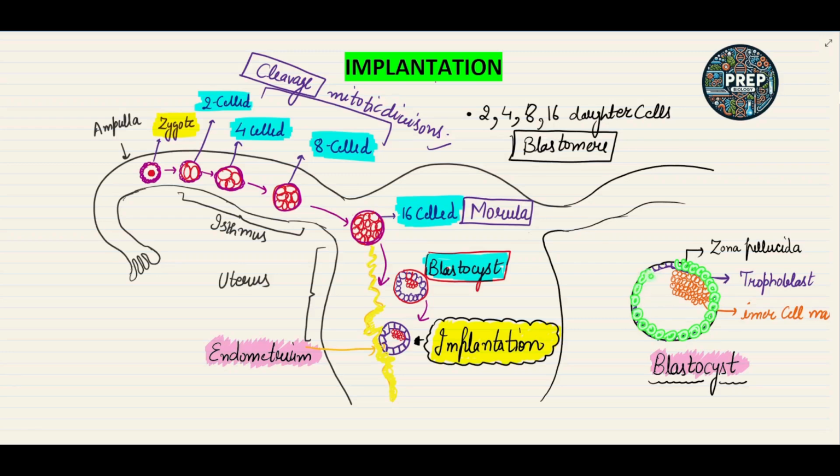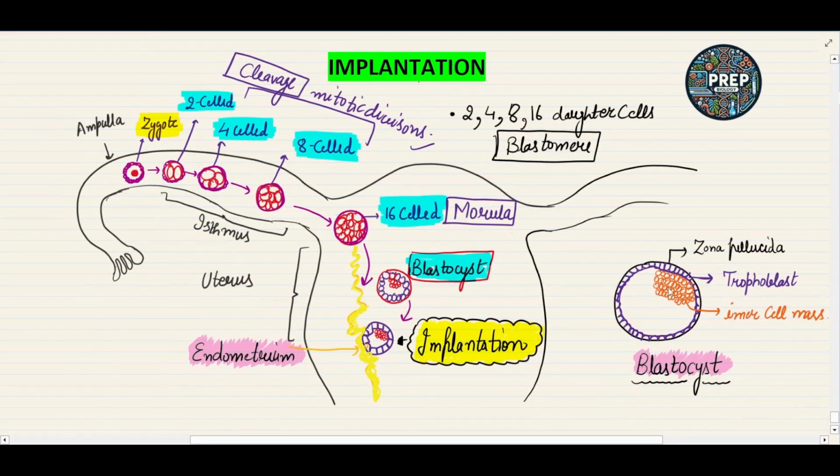That layer is called the trophoblast. And inner to the trophoblast, there is a mass of cells that is called the inner cell mass. So this is the structure of the blastocyst.